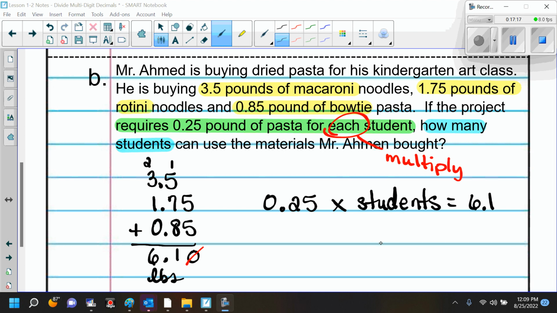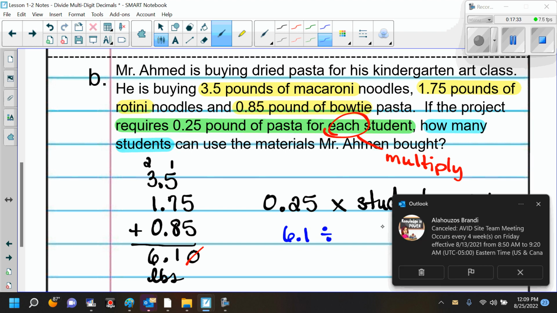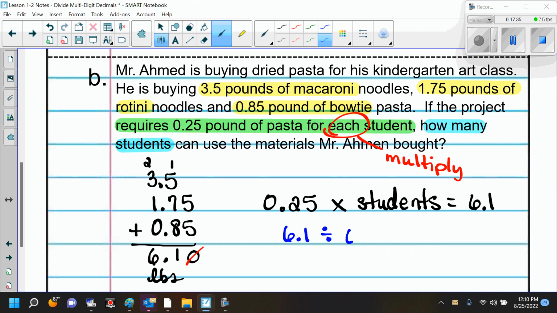And what is the division problem we're going to come up with? Excellent. So here, the division problem we're going to do is 6.1 divided by 0.25 equals the number of students. Is everybody clear?